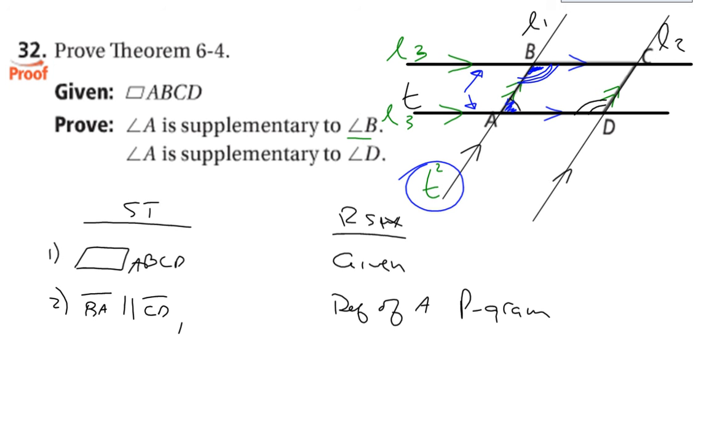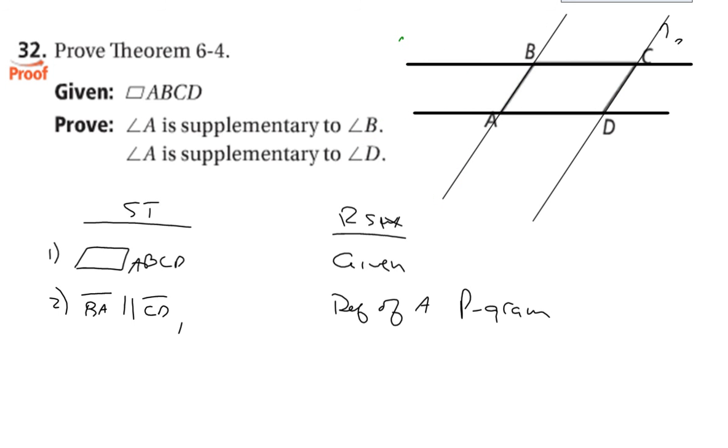What does that mean? Let me clear this and let's see what we got. I know that if these two are parallel to each other, and this is my transversal, that means that angle A plus angle D are supplementary, right? Because they're same side interior angles.